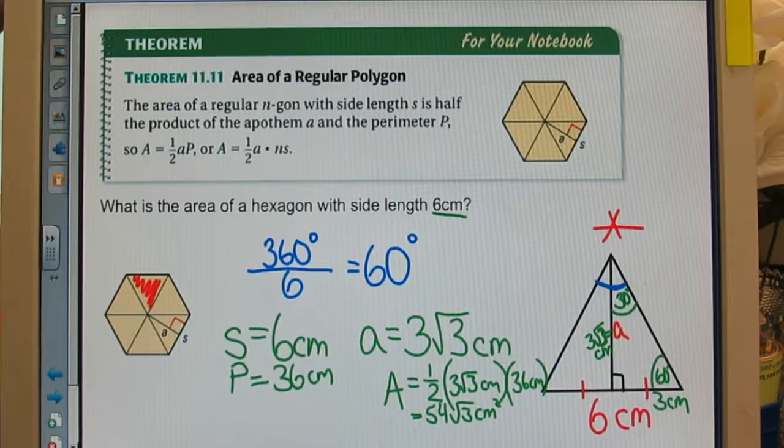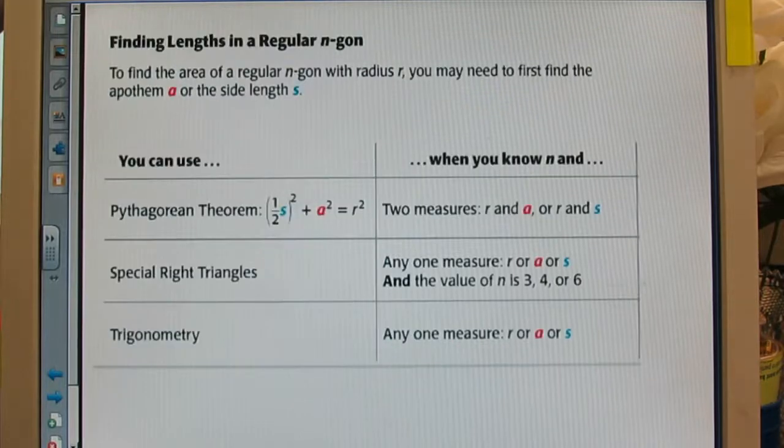And then if I wanted to approximate this area, it would be approximately 93.53 centimeters squared. Okay.